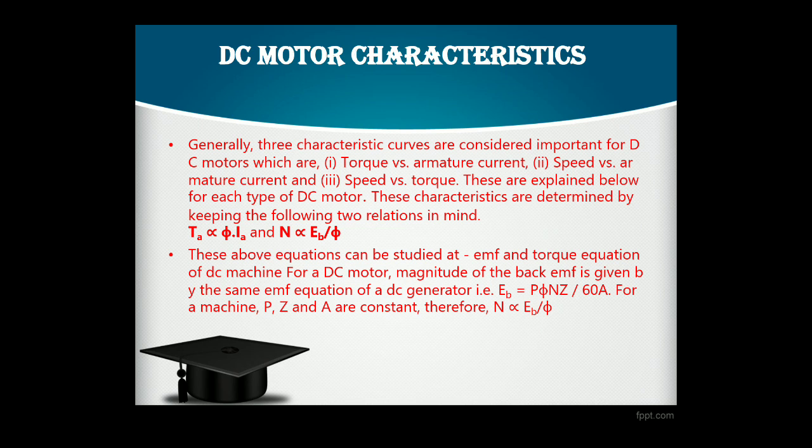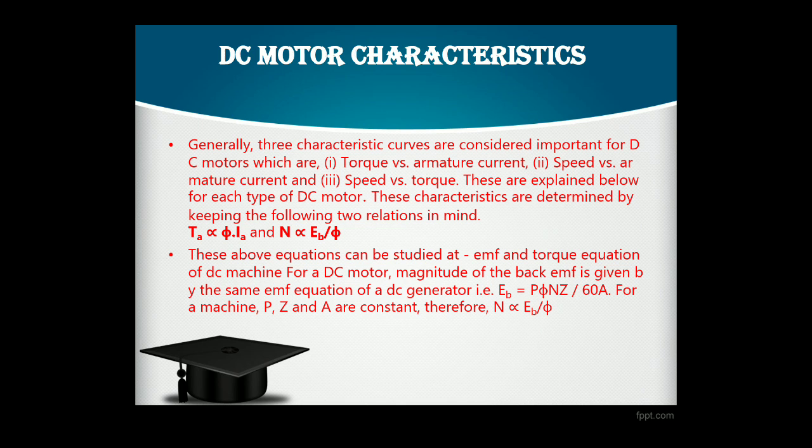That is why we can write EB equals P phi N Z by 60 A. P is the number of poles, phi is the flux per pole, N is the speed in RPM, Z is the number of conductors, and A is the number of parallel paths. For a machine, P, Z, A are constant. Therefore, we can write N proportional to EB by phi.